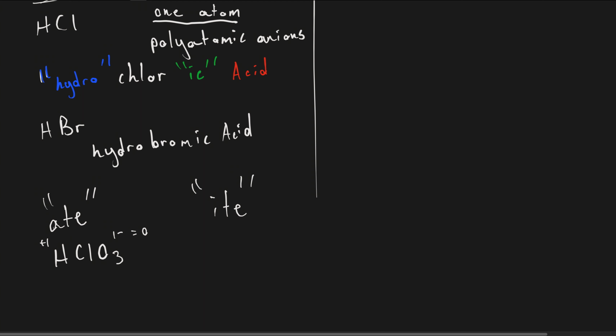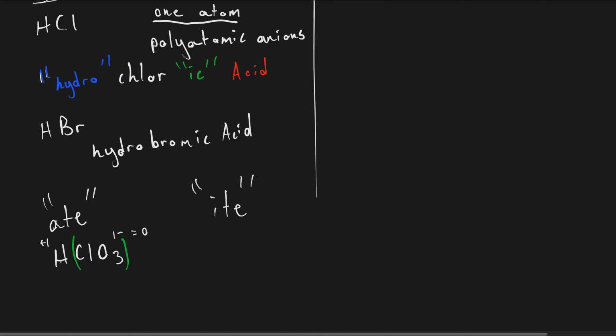You can think about this formula as having parentheses here, so this is one whole molecule, and this is another molecule. So we have this chlorate polyatomic anion. How would we name this?